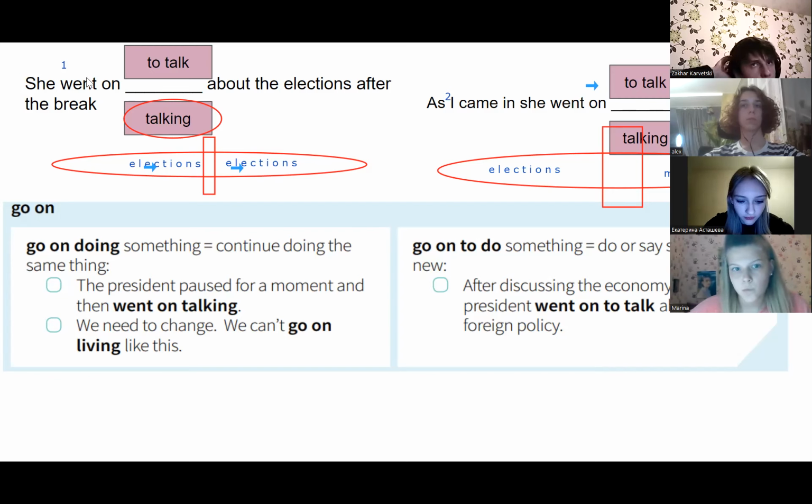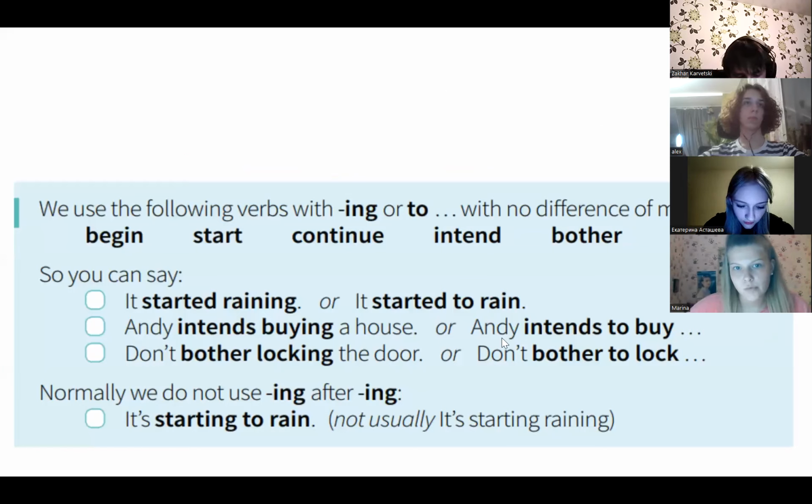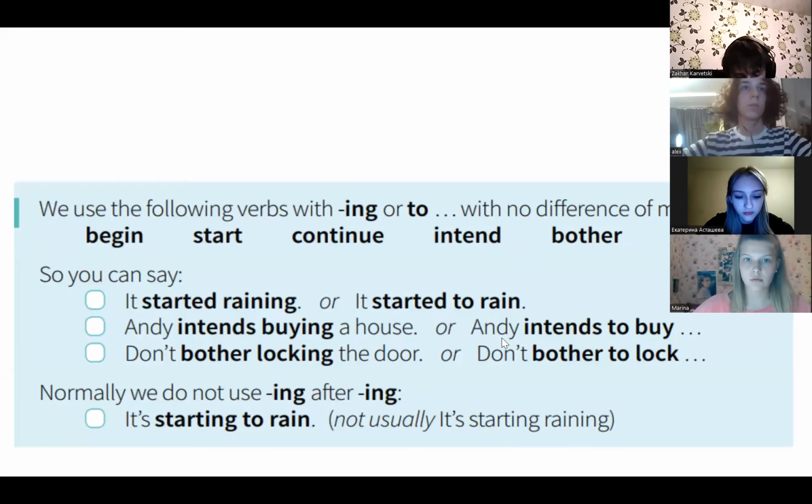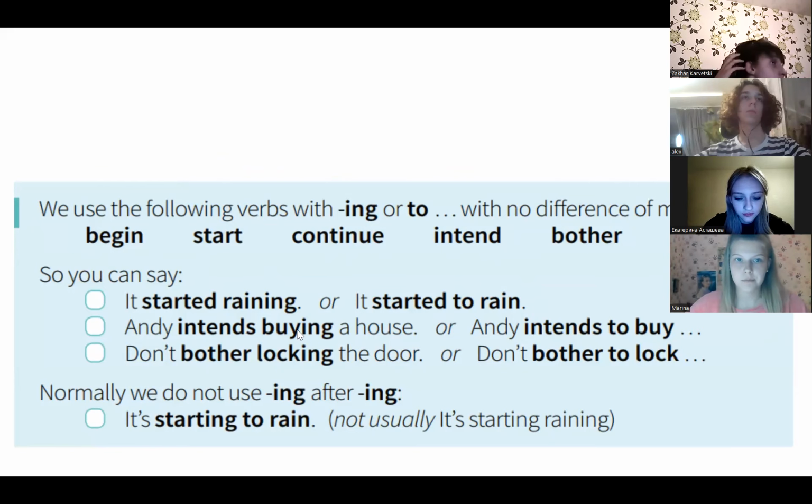Let's do. So these words here, begin, start, continue, intend, and bother, take no matter what, infinitive or gerund. So after these words, you can both use ing or to do something. It started raining, it started to rain. Andy intends buying a house, Andy intends to buy a house.